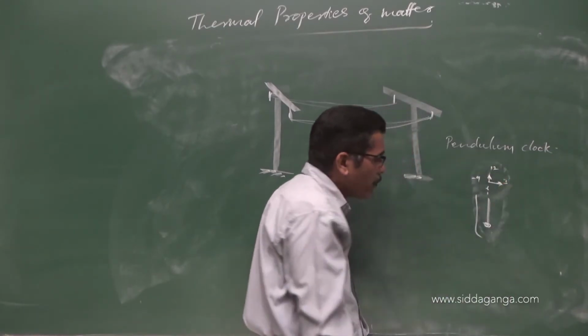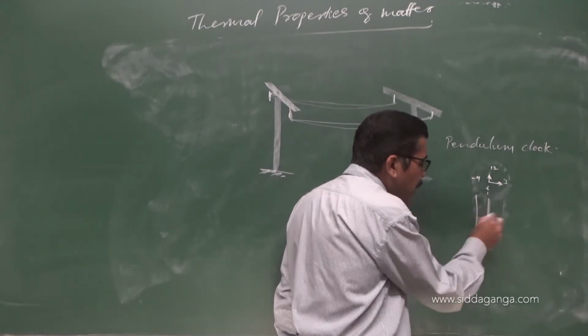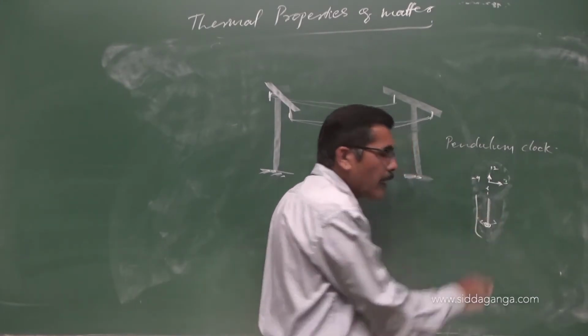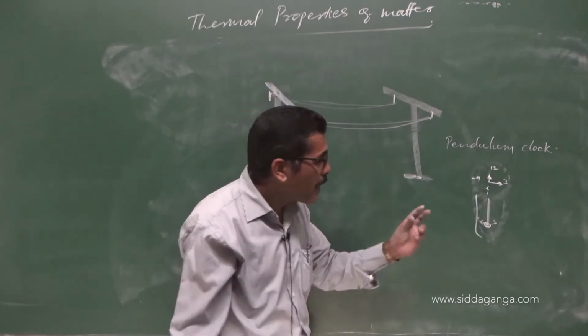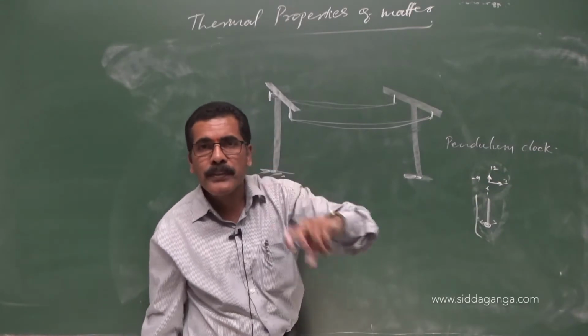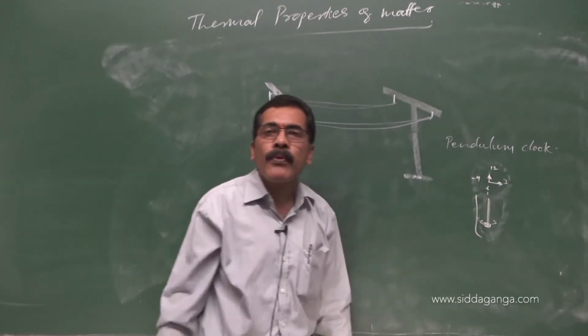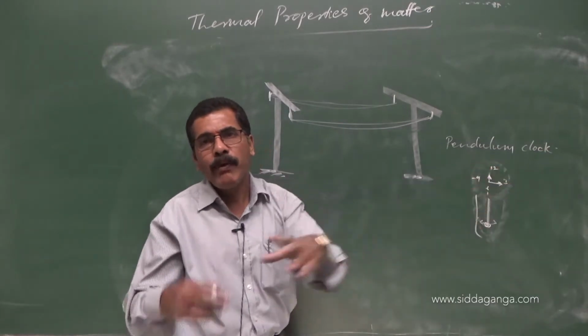There will be a pendulum which is swinging here and there, and which makes the movement of small levers, geared teeth inside the clock. So, we call such a clock a pendulum clock.